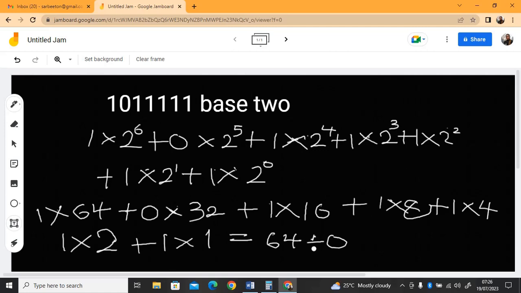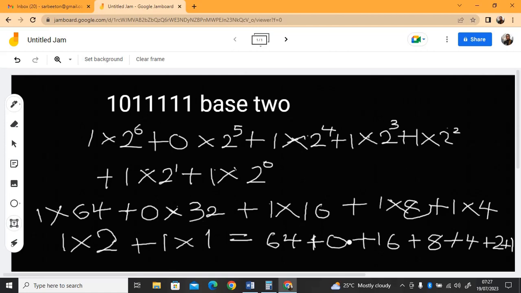Now 1 times 16 is 16, plus 1 times 8 is 8, plus 1 times 4 is 4, plus 1 times 2 is 2, and 1 times 1 is 1.